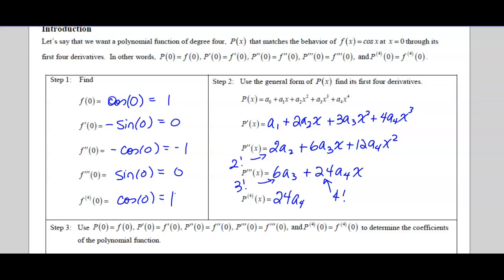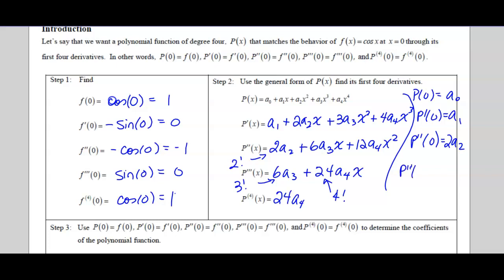Okay, so now we're going to substitute 0 in for each of those values. So p of 0 is just a sub 0. P prime of 0 is a1. P double prime of 0 is 2a2. Because we're just putting 0 in for x, all the terms except the constant term go to 0.